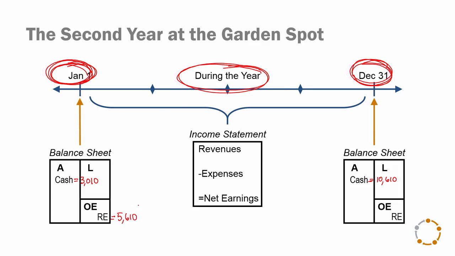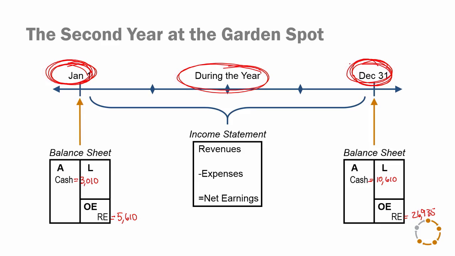We had a retained earnings balance at the end of year one, beginning of year two, of $5,610. And we had an ending retained earnings balance on the December 31st balance sheet of $26,935. So that retained earnings balance tells us that over the life of the Garden Spot, which at this point in time is 2 years, the company has generated earnings, of which $26,935 it has retained in the business.